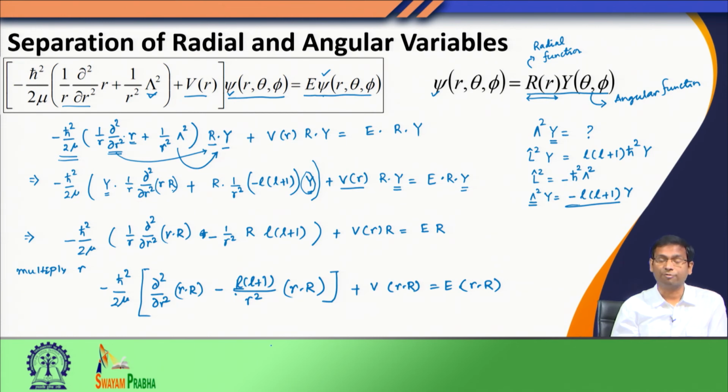In each term I see that I have this small r dot capital R. I define a new name for this. So, I see this is u of r.